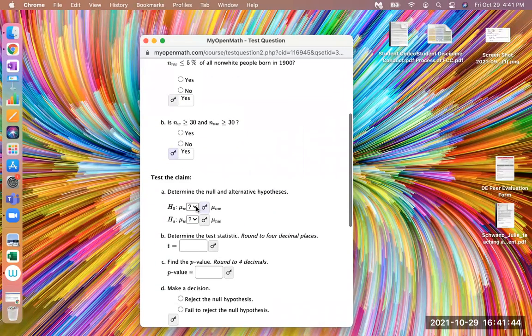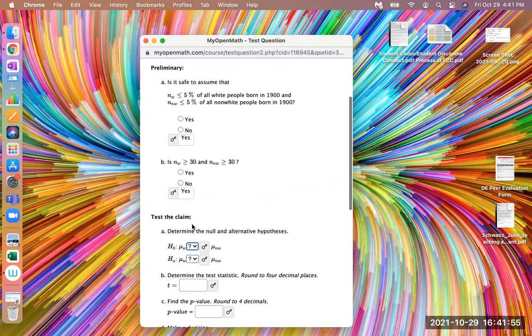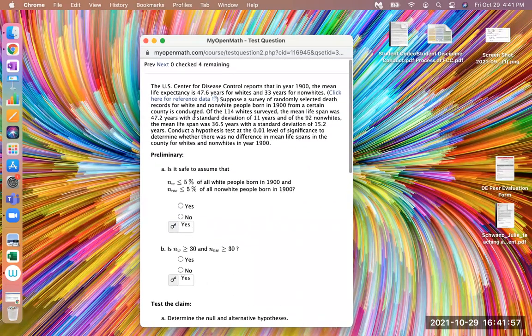So here, the null hypothesis is almost always equals. However, once in a while, it'll be the opposite of what your alternative hypothesis is. So let's focus on what the alternative hypothesis is.